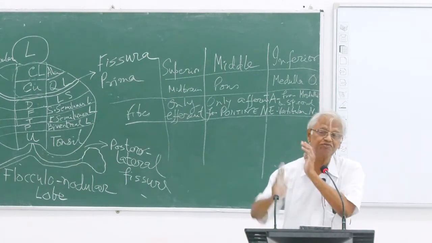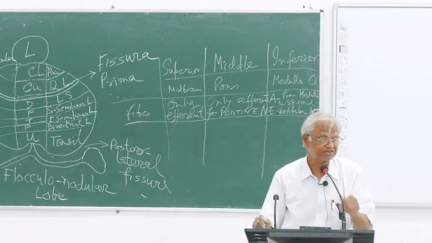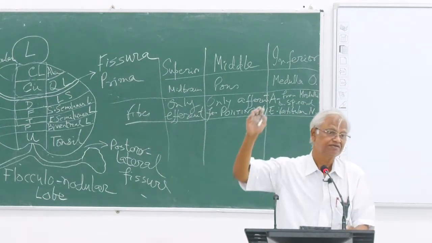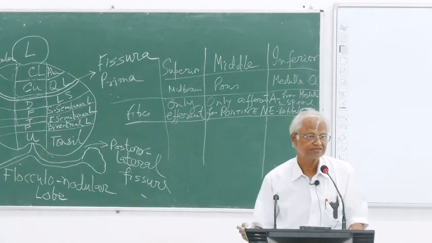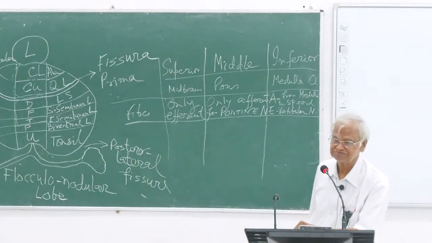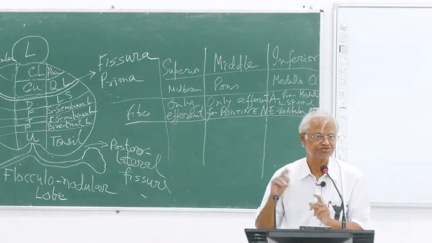These inputs together will go to the brain, to the thalamus and cerebral cortex, and from the cerebral cortex, fibers will come back to the cerebellum and give instructions.